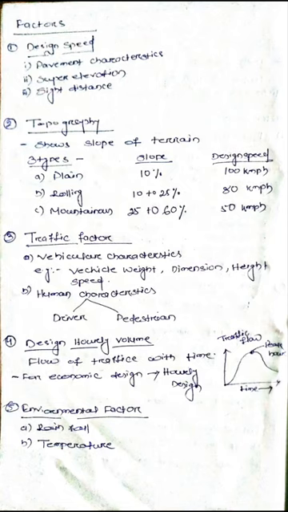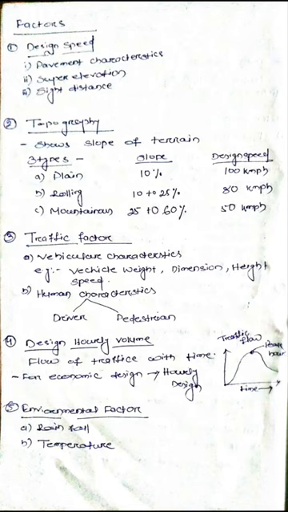Then an important factor is the traffic factor. If we design a road on a street or in a village, we design the length and cross section of the road with vehicular characteristics and human characteristics. In vehicular characteristics, we consider vehicle weight, dimension, height and speed.